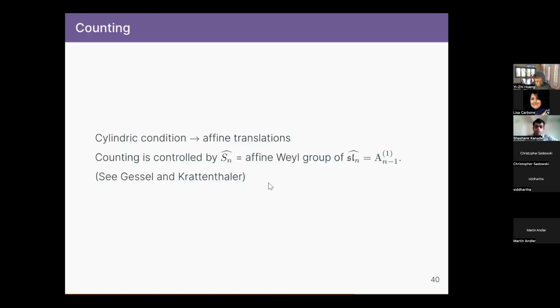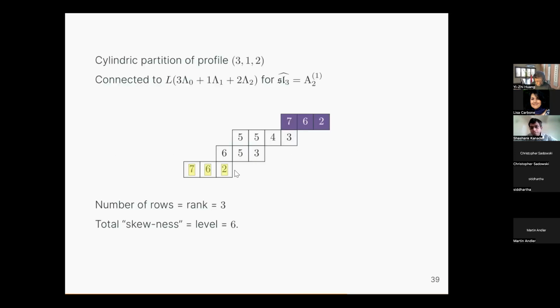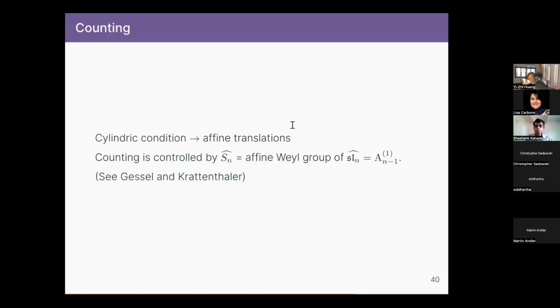And somehow what happens is this repetition corresponds to the affine translations in your affine Weyl group. And when you try to count them, this affine Weyl group ends up controlling the counting. Just like before the finite Weyl groups came into play, here the affine Weyl group comes into play. I admit that I haven't fully digested their proof, but this is roughly what happens.